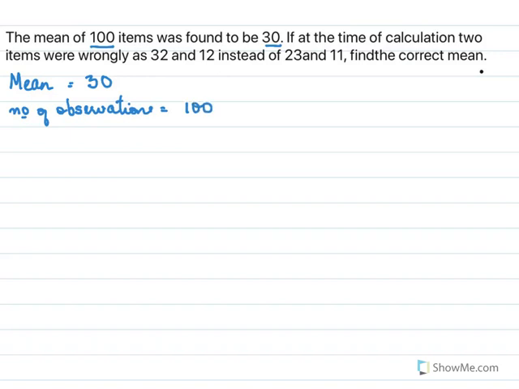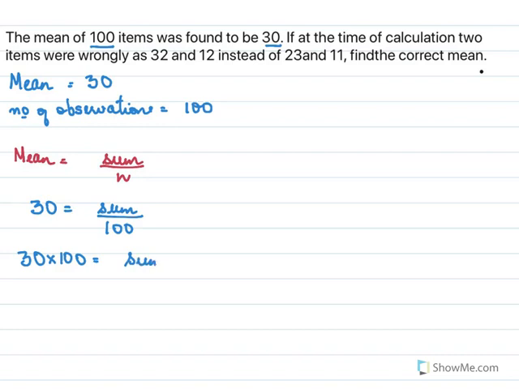And we know the formula that mean equal to sum over number of observations. Let's put the values. So we will now have mean is 30, sum we do not know, number of observations is 100. So 30 into 100 equal to sum.